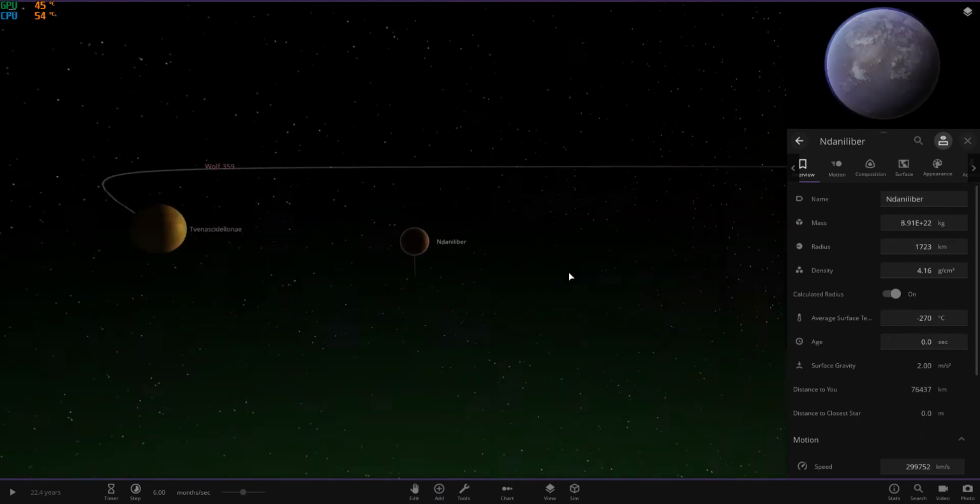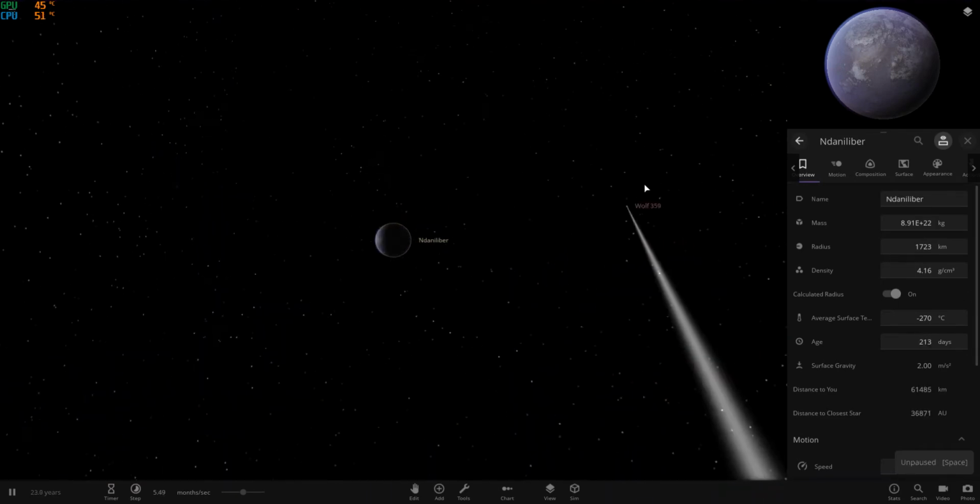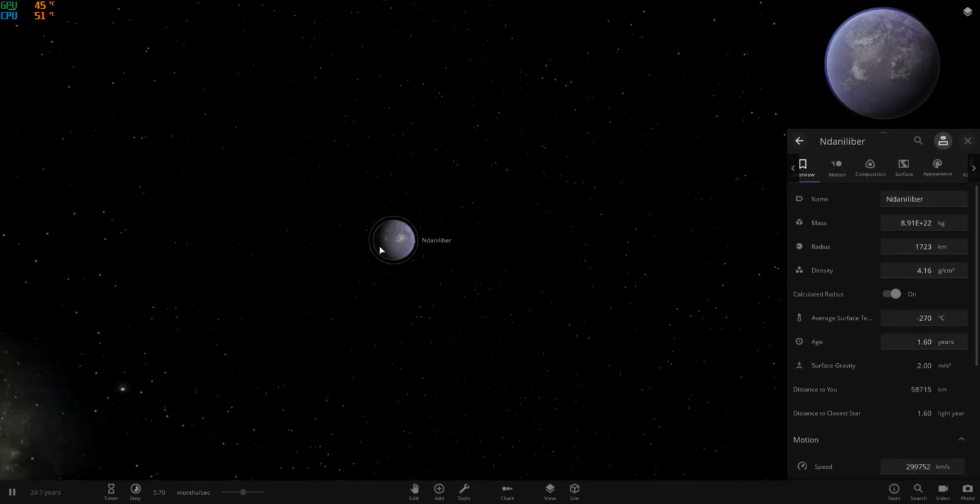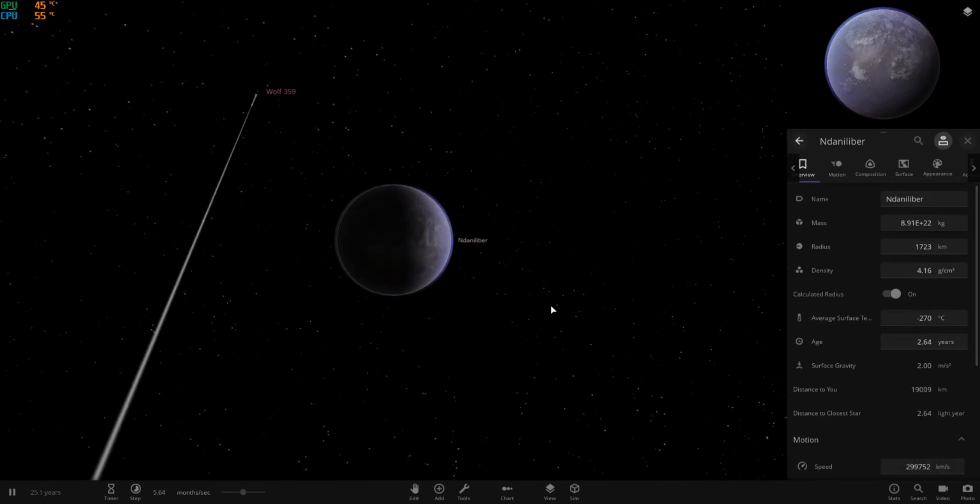Here's our spacecraft. Go! So it's already left the system. It's already left the system and it's heading towards this new star. So here it is, right there. There's the object. There it is right there.